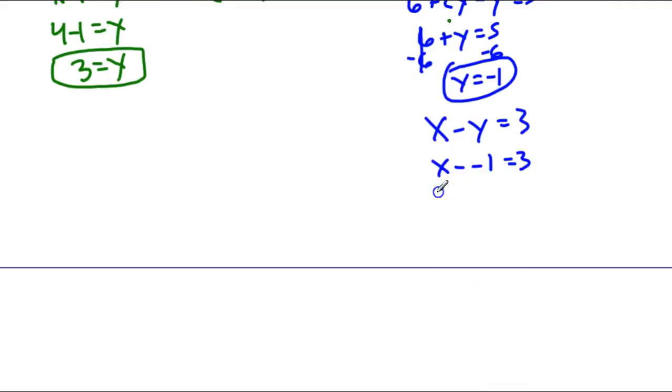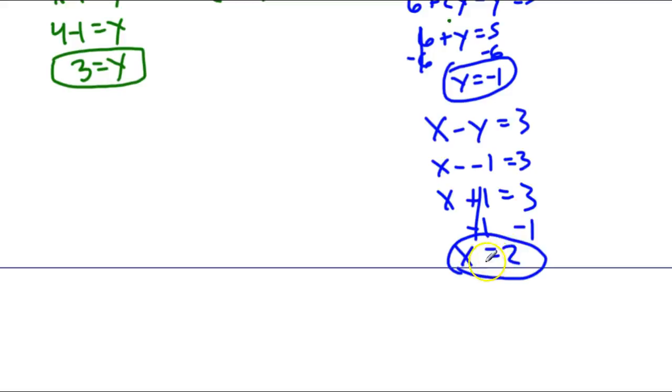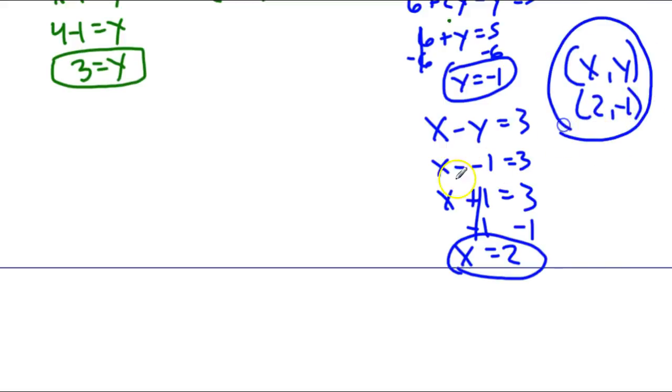This becomes plus, so x plus 1 equals 3. And then I'll do a minus 1 to get rid of it. So that means x, that cancels, equals 2. So y is negative 1, x is 2. Again, x, y, so 2, negative 1 is the answer.